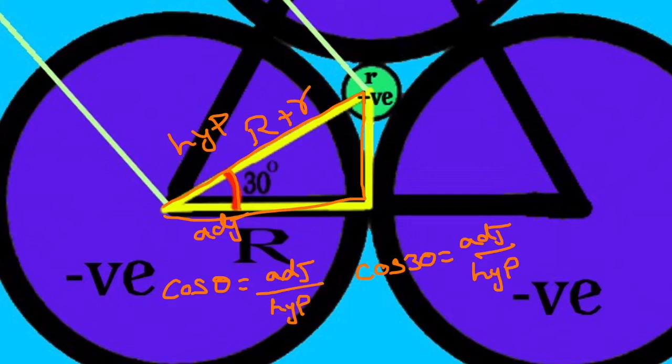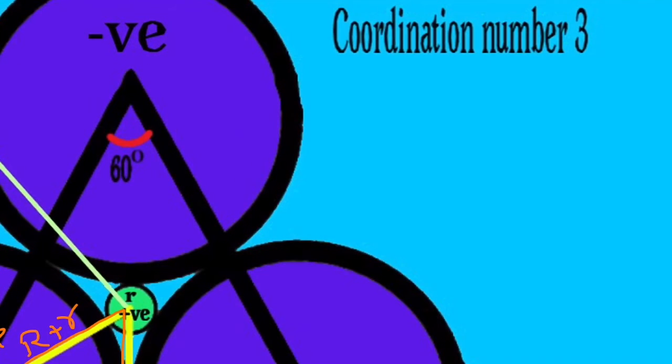Now what is adjacent given over here? Capital R by capital R plus small r. What is cos 30? Cos 30 is equal to root 3 by 2. So root 3 by 2 is equal to capital R by capital R plus small r.